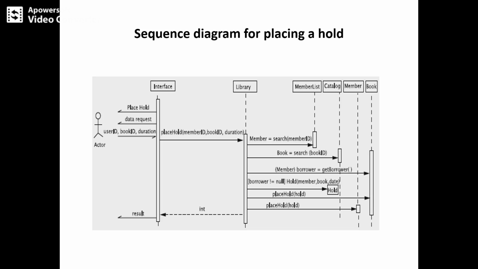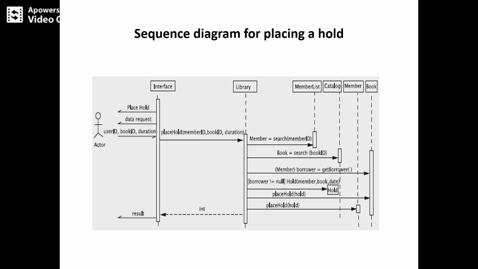Then in the library main class, we have to create member equal to search member id in the member list. That is the method we have taken. A book is equal to search book id, which will be searched in the catalog class. Here the get borrower method will be used in the book: member borrower equal to get borrower.